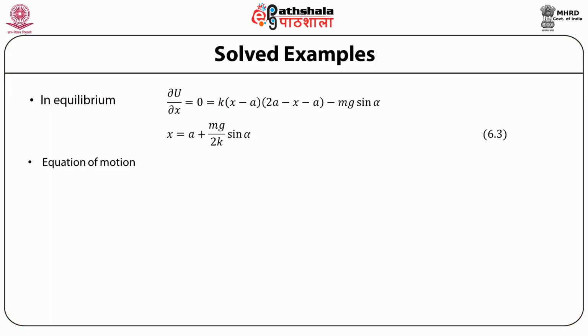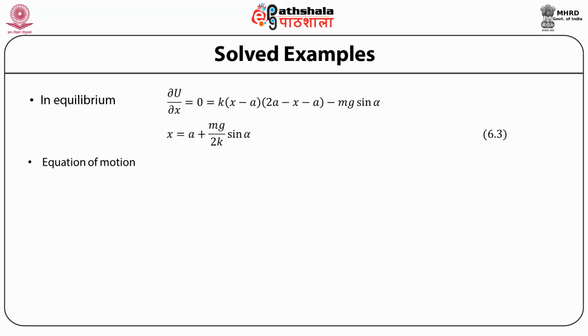The equilibrium position of the mass is obtained by minimizing the potential energy, that is, by putting dU by dx equal to 0, which gives us the equilibrium position x is equal to a plus mg by 2k sine alpha. Having obtained the equilibrium position, we now write down the Lagrange equation of motion, namely d by dt of dL by dx dot is equal to dL by dx.